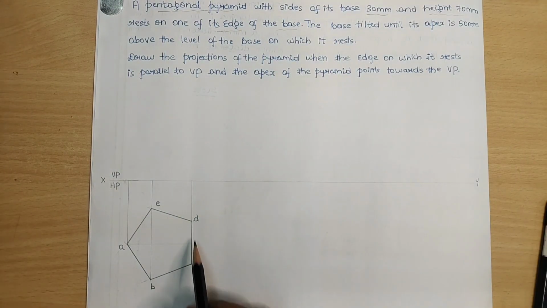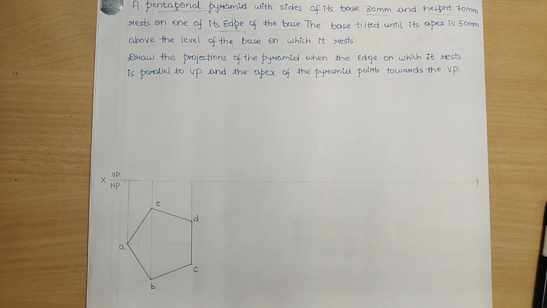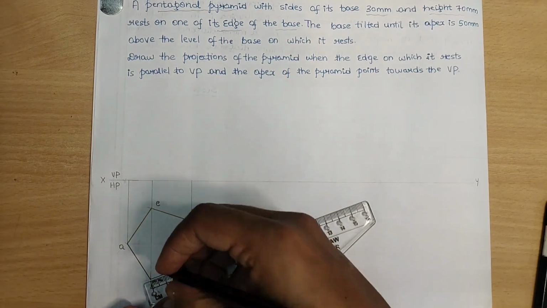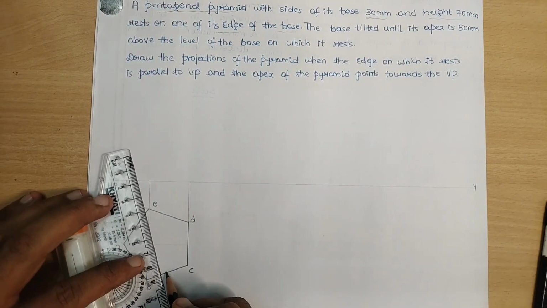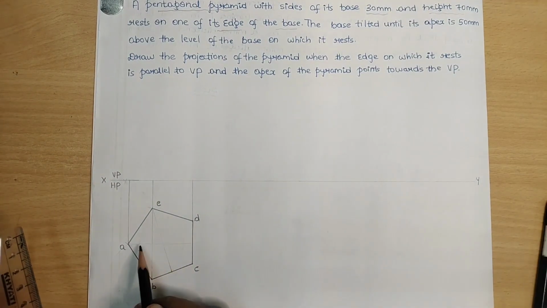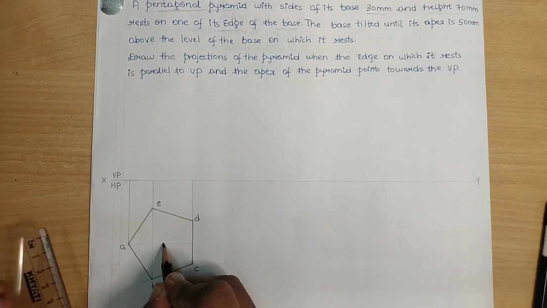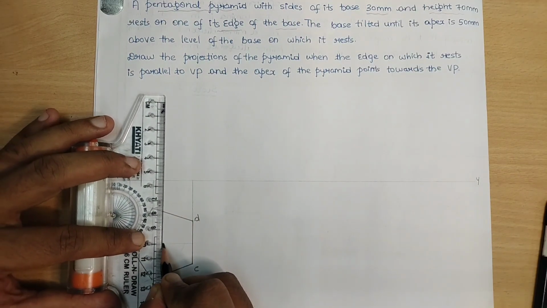This edge is 30 mm, so the midpoint is exactly at 15 mm. Draw a line. For the other side, mark 15 mm as the midpoint initially and connect it to the opposite corner. Now you can see the two lines intersect at one common point. Let us call this common point the axis. This is the midpoint of the pentagon.